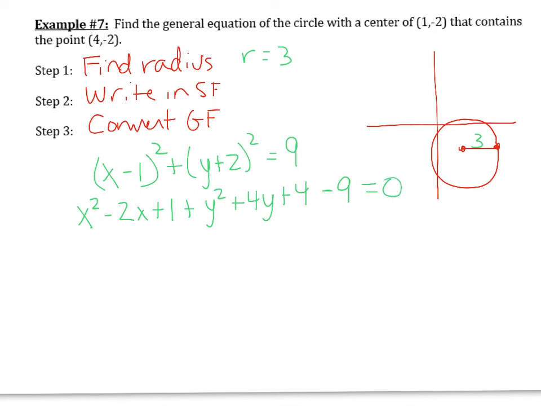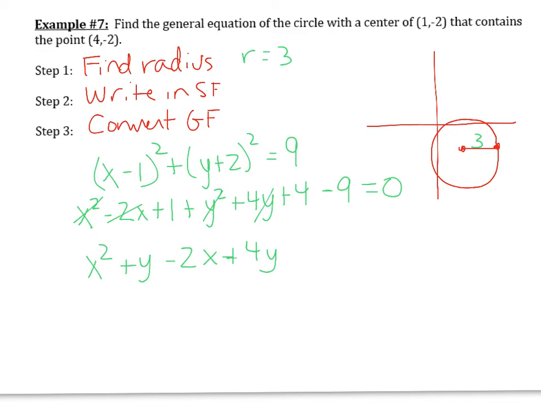Now again, the general form equation is in descending order by powers, so I need to regroup things. I want to start with my x squared term and then my y squared term. So I've used both of those. Now I'm going to have my negative 2x and my positive 4y. Now I have my linear terms.